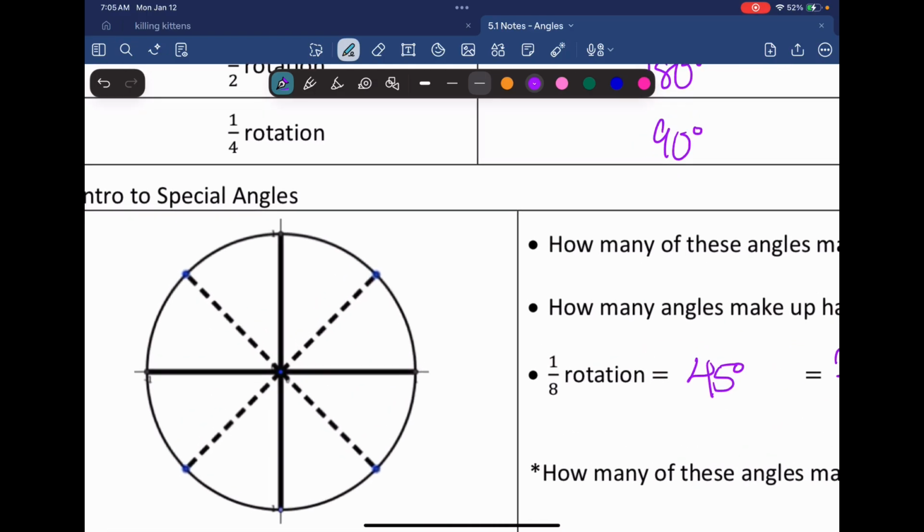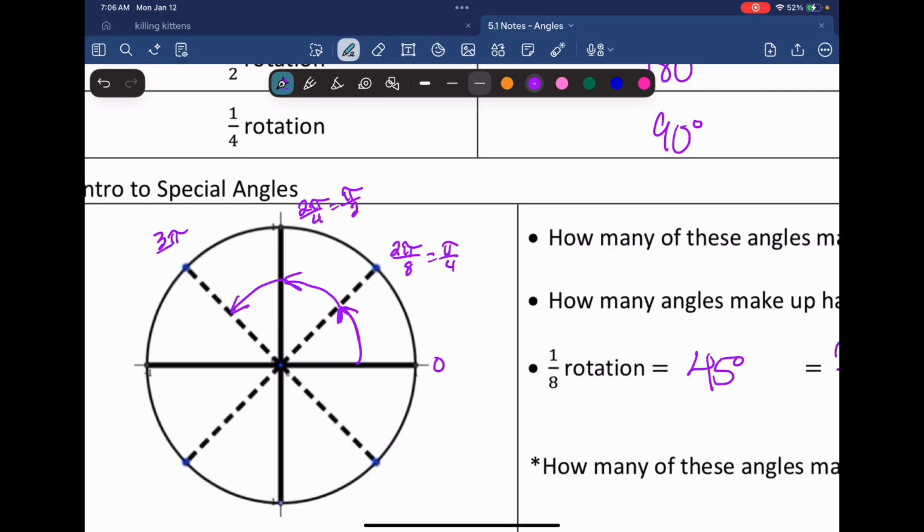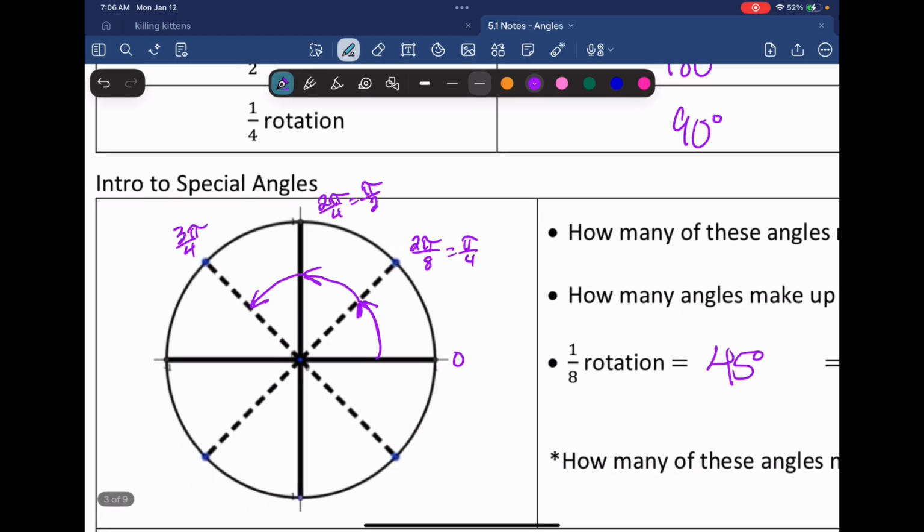We're starting here, this is 0. If we count, 2 pi over 8 is pi over 4. So I'm going to start counting by pi over 4. This is 1 pi over 4. This would be 2 pi over 4. That one would be 3 pi over 4. We're talking about fractions.